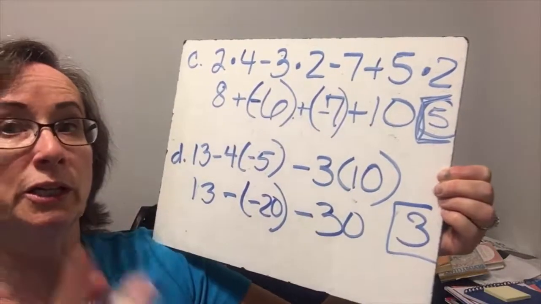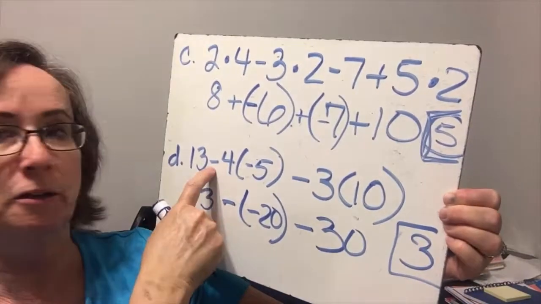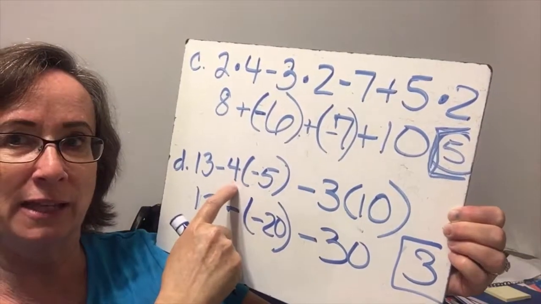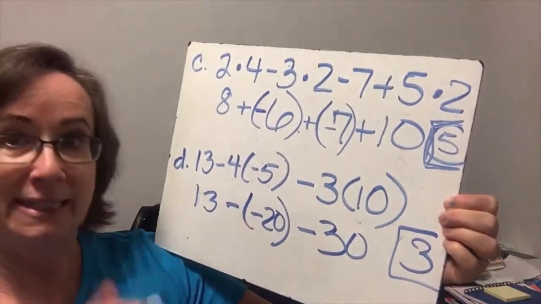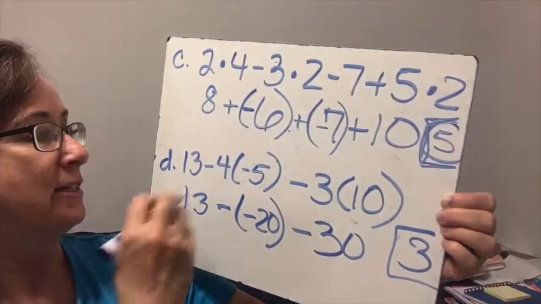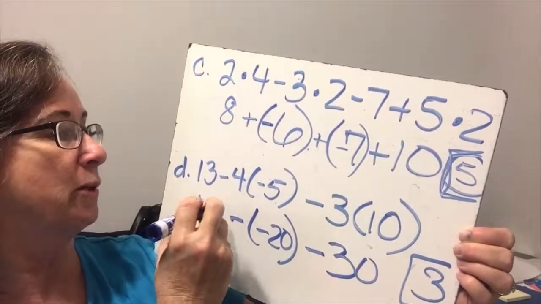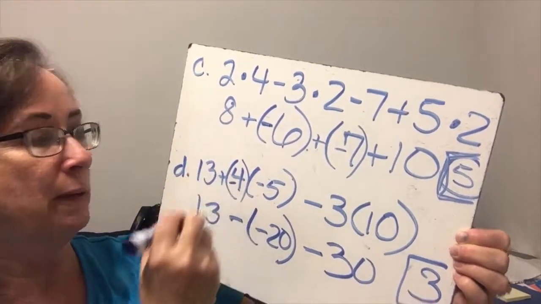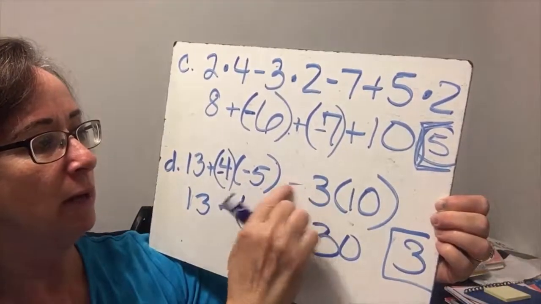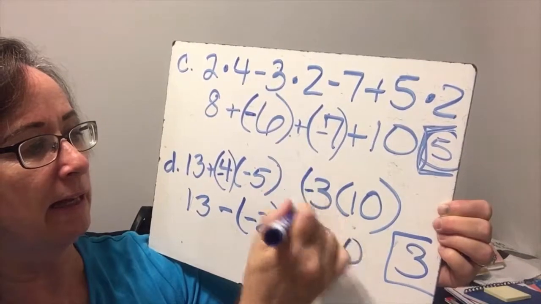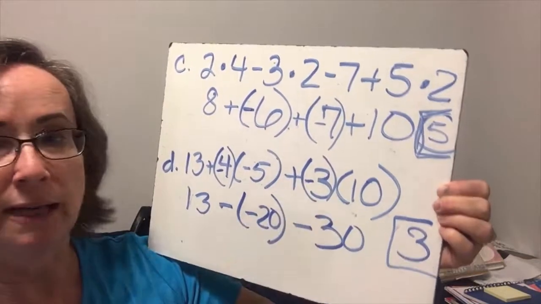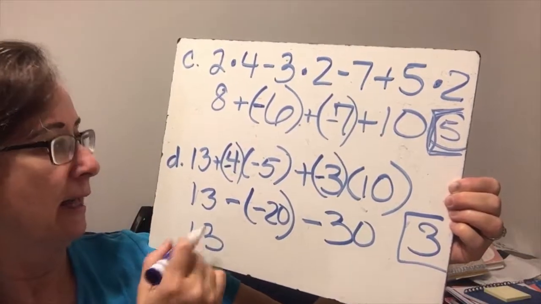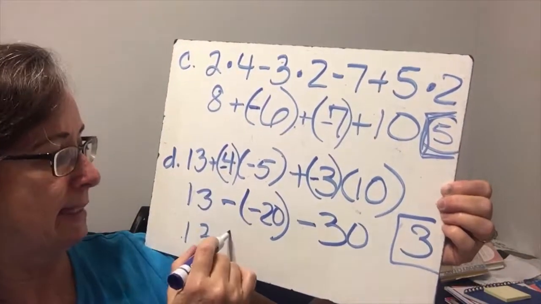Okay, so now we're going to do it the other way. We're going to change this to a positive and attach the negative sign to the number behind it and see if we don't get the same answer. So instead of the minus 4, we're going to attach the minus sign and make that a plus. We're going to attach the minus sign and make that a plus. Okay, so now let's go again. 13, and then we've got plus.